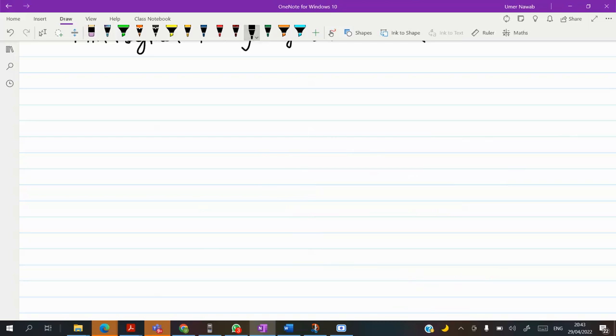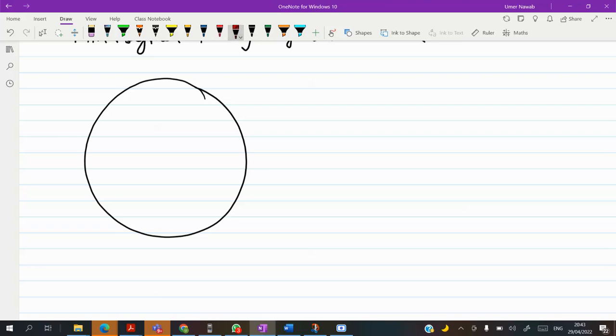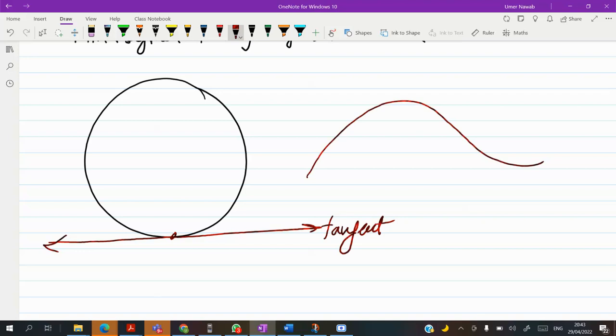The fifth property is, if you have a circle and you have a line which is touching the circle at only one point, a line which touches the curve or a circle at any point, that line is called a tangent to the circle. For example, if this is a curve and a line which is touching the curve at one point is called a tangent line.